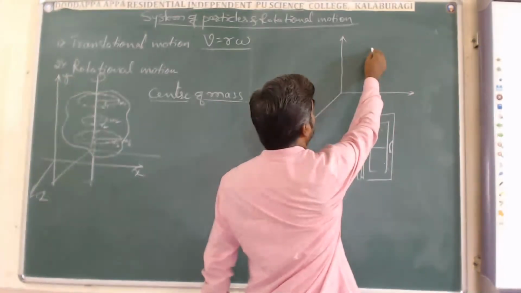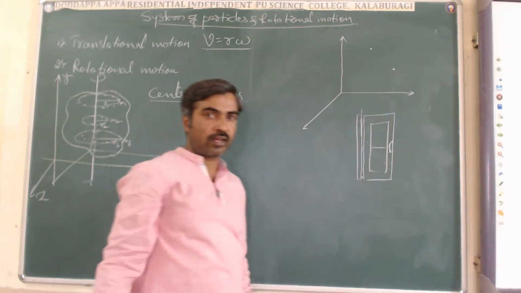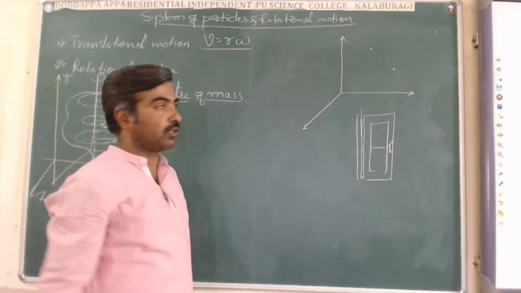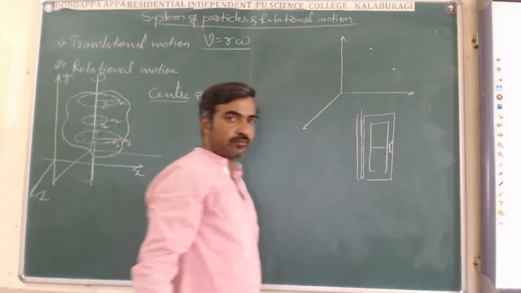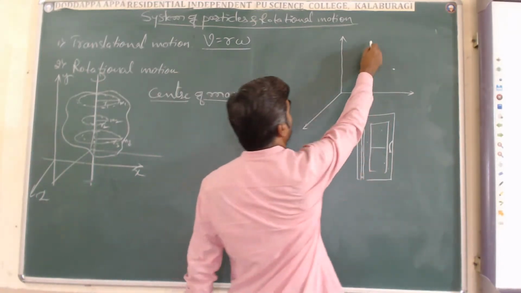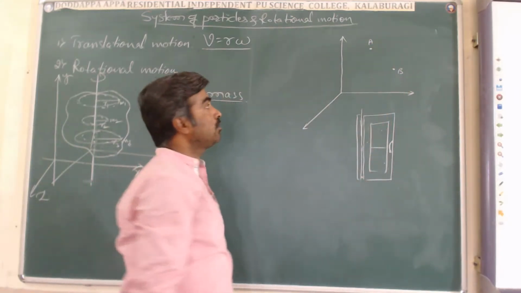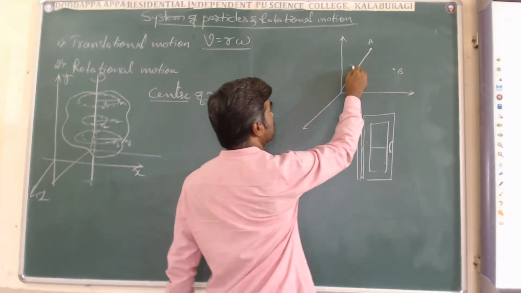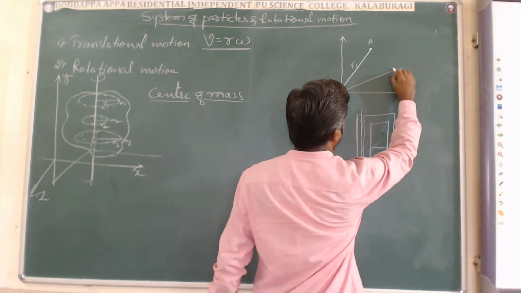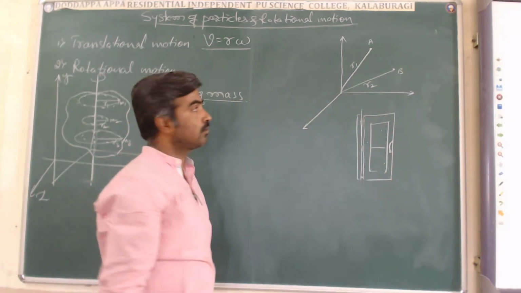Imagine we have two particles of the system. Only two particles I have taken. Of course, the system is made up of so many particles, but I will take only two. One is at point A and the other is at point B. These two particles are at distances r1 and r2, as position vectors.